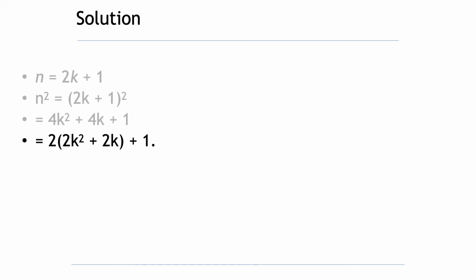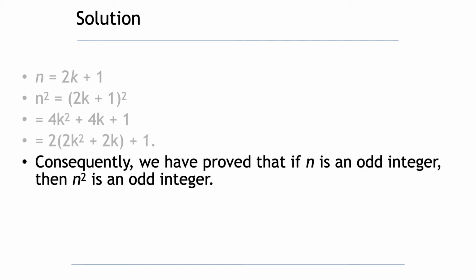Now, by definition of an odd integer, we can conclude that n squared is also an odd integer. As you can see, n squared is equal to 2 times a certain integer plus 1, which is the definition that we saw at the beginning of this exercise.